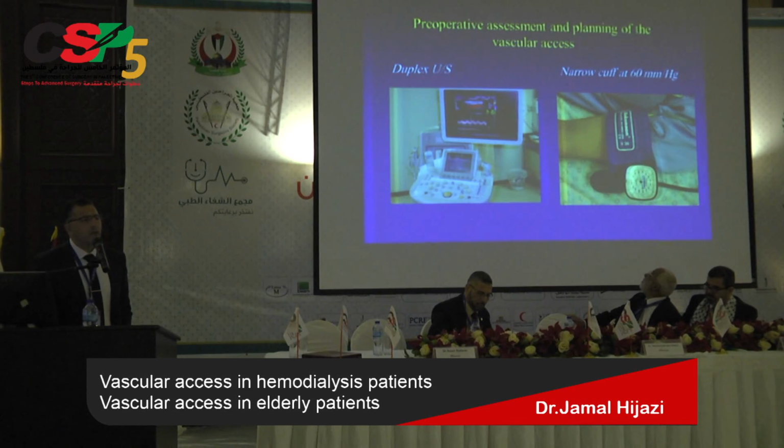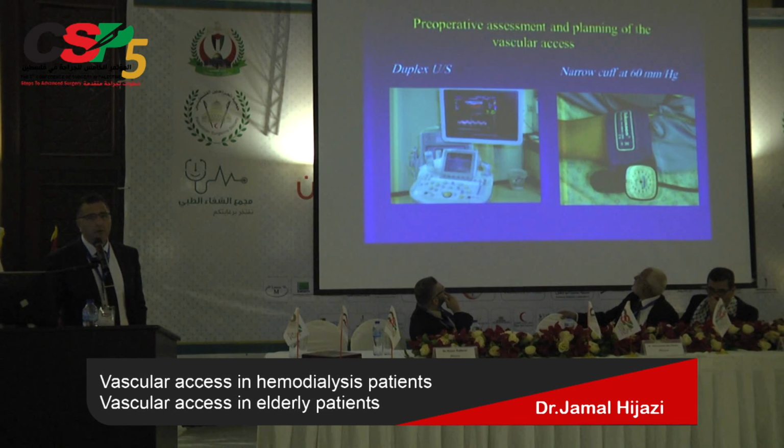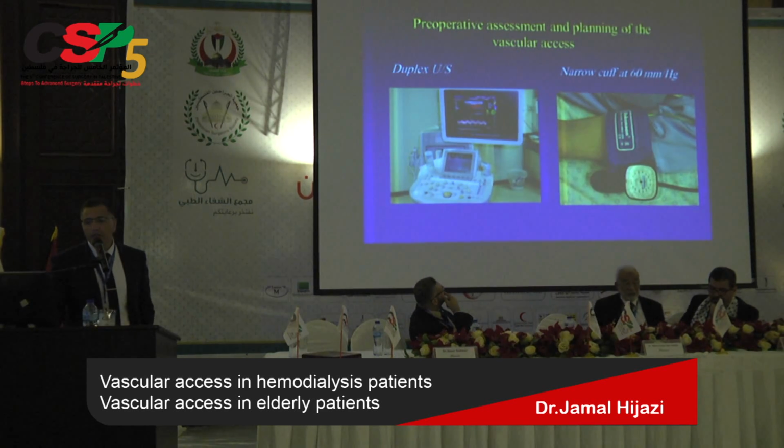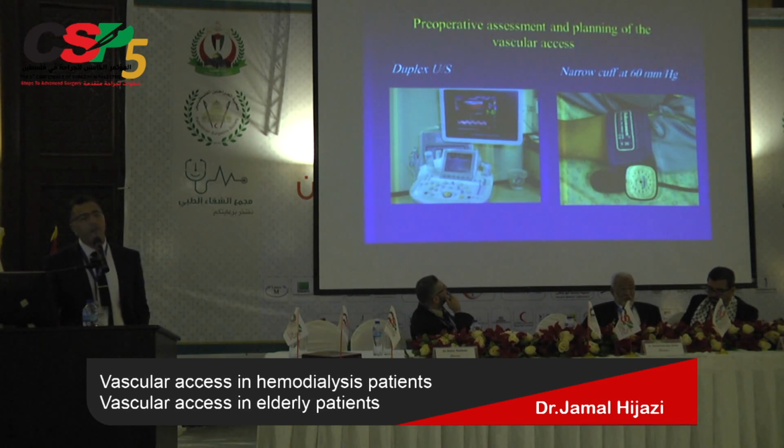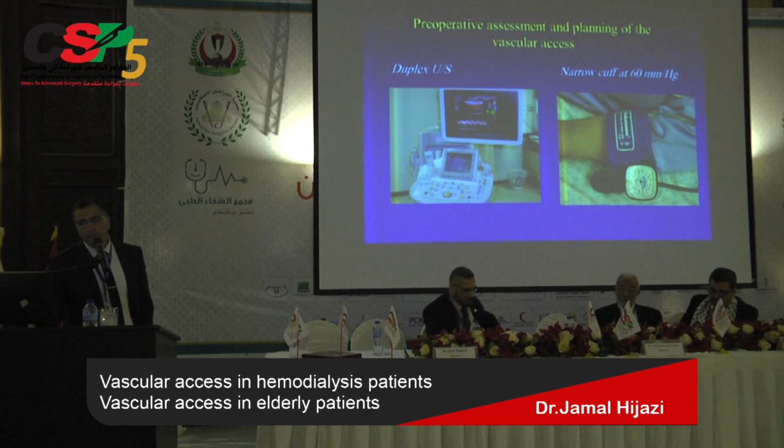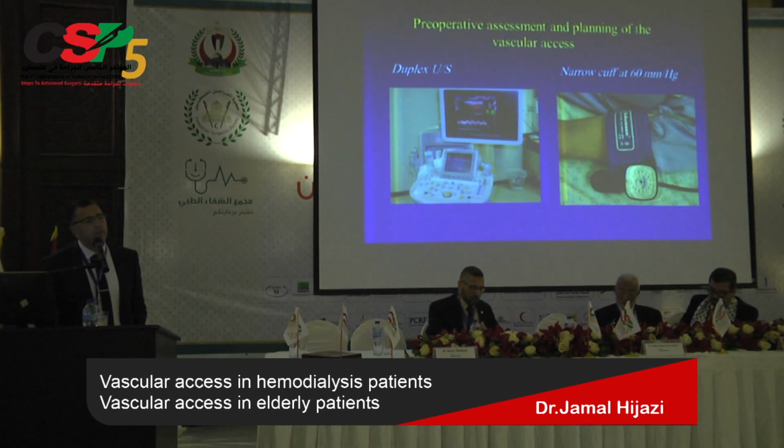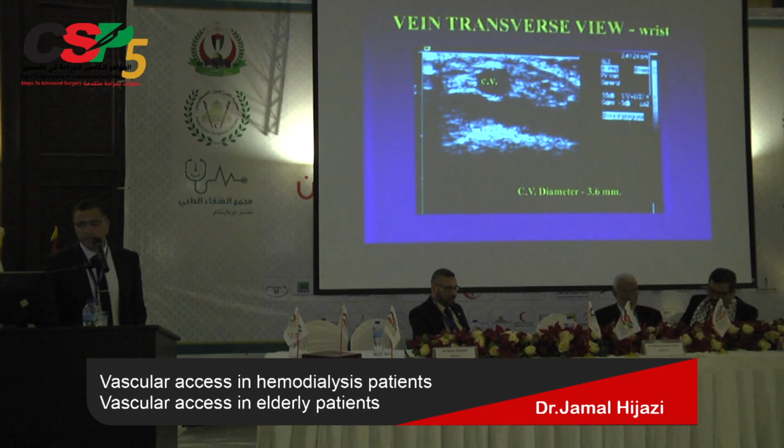The duplex ultrasound or color-coded ultrasound is the most useful tool we usually use for planning the fistula. We do a mapping of the veins and the arteries in the arm, also using a 5 centimeter wide tourniquet inflated to 60 millimeters of mercury to dilate the vein.